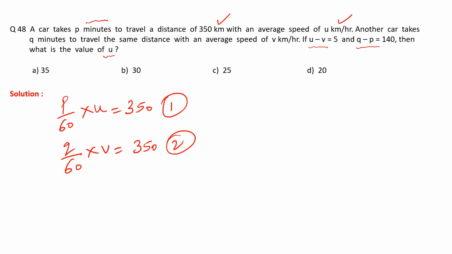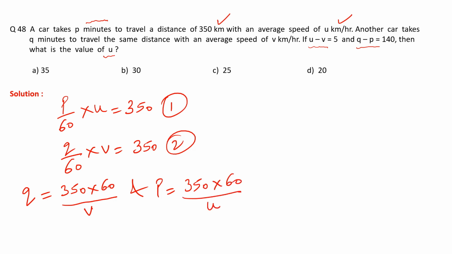So first of all, let us eliminate q and p. I can easily find the value of q in terms of v, and similarly I can easily find the value of p in terms of u. So q will become 350 into 60 divided upon v, and p will become 350 into 60 divided upon u, right?